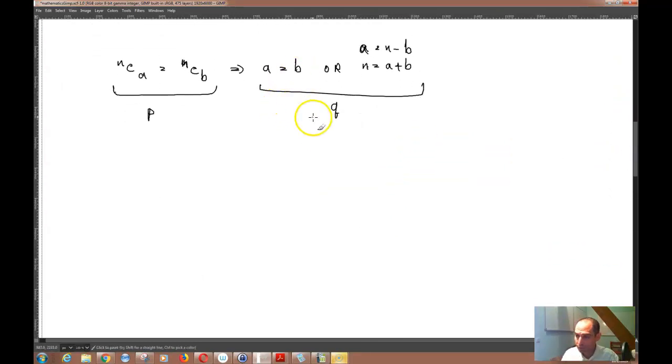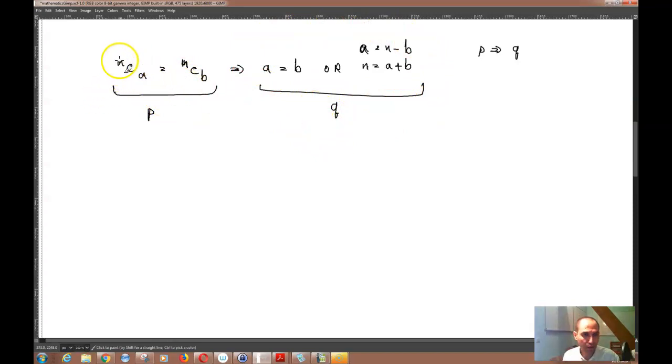Now let's understand this conditional using the two different ways of understanding P implies Q. So if I take this as P and this as Q, we said that P is a sufficient condition for Q, meaning that knowing that P is true is sufficient to conclude that this statement is true.